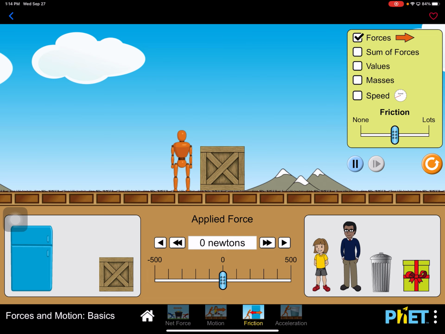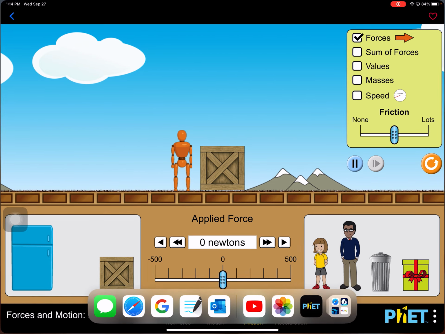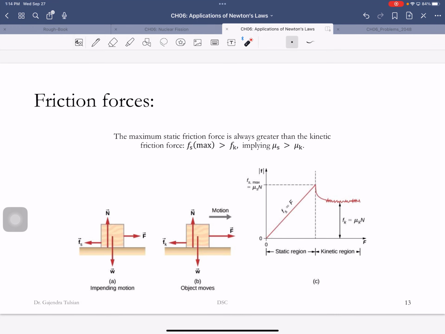All right, so the important thing to understand is there's a maximum static friction force, and we'll do a calculation with that. So there's a maximum static friction force, and if you apply a force greater than that, then the object will break loose, and this is the kinetic friction force.